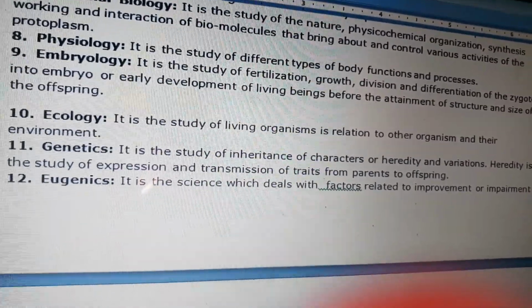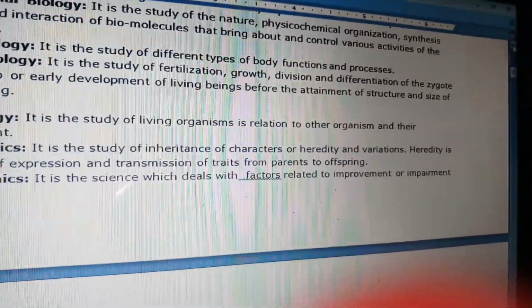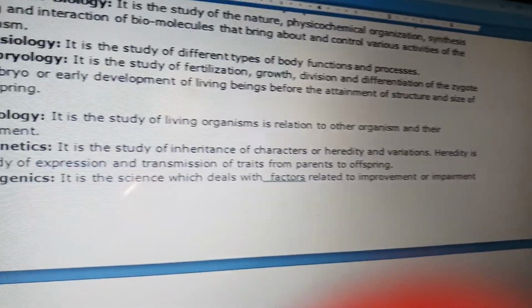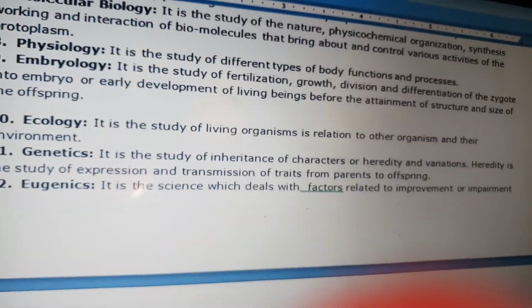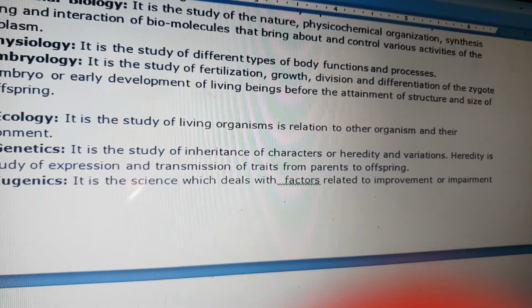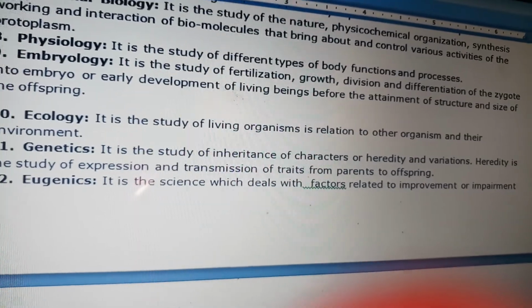Now next one is genetics. Genetics is the study of inheritance of characters or heredity and variations. Heredity is the study of expression and transmission of traits from parents to offspring. We all carry the characters of our parents.